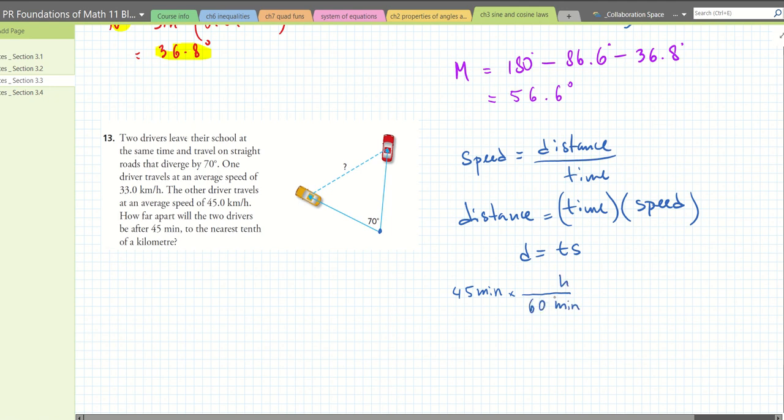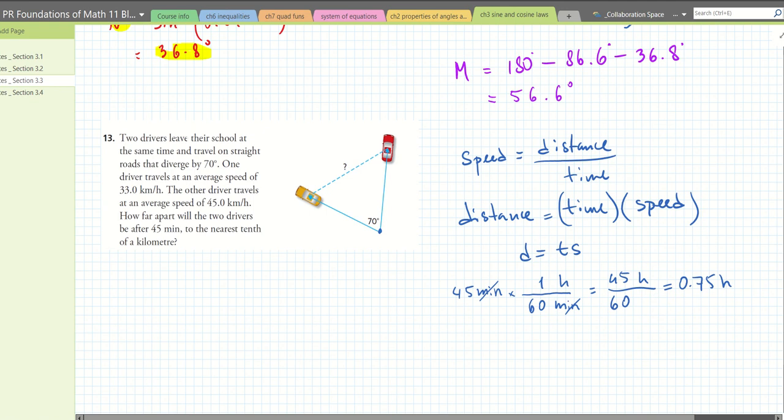There's 60 minutes in 1 hour, so basically we end up with 45 over 60. So minutes and minutes will go away, and you end up with hours on the top. So 45 times 1 is 45 over 60, and this simplifies to 0.75 hours, so 3/4.